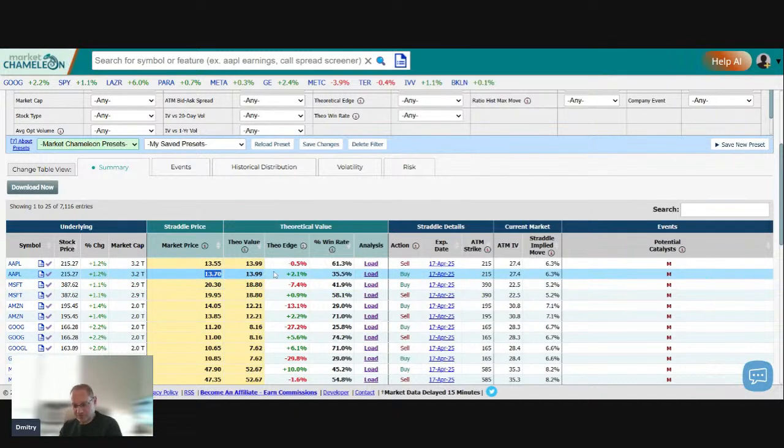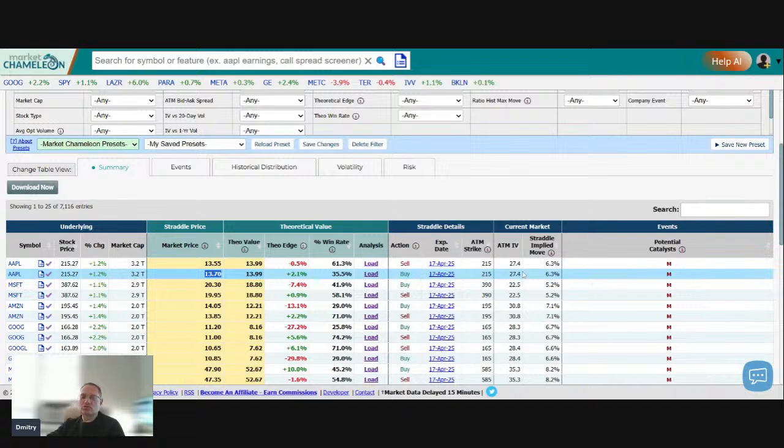Did it move enough percentage-wise to cover the cost of that straddle and be above it? That happened 35.5% of the time. Okay, so what that means is that even though the win rate is less than half, 50%, the times that it paid off, it could have been so big that it pulled the averages up.